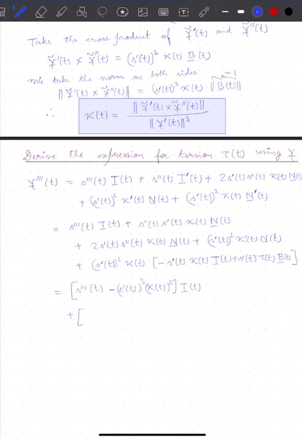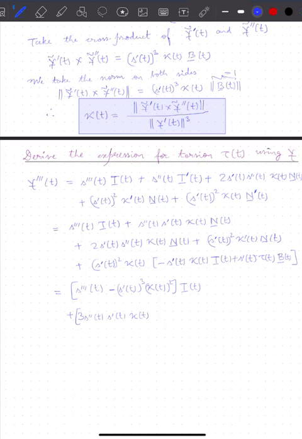And likewise for n we have s double prime of t, s prime of t kappa of t plus 2 s prime of t and s double prime of t, right? So eventually this becomes 3, so 2 plus 1, 3.